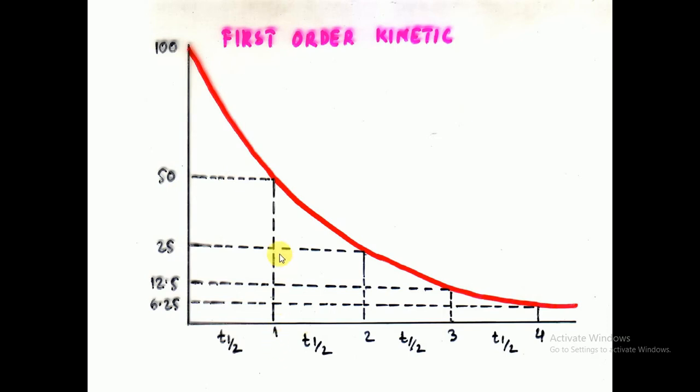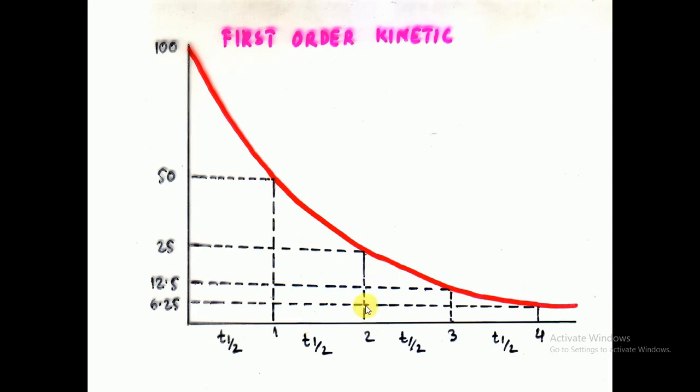After one half-life, the concentration of the drug will be reduced to 50%, while after two half-lives the concentration of the drug will be reduced to 25%.